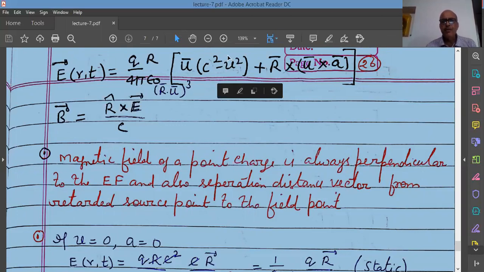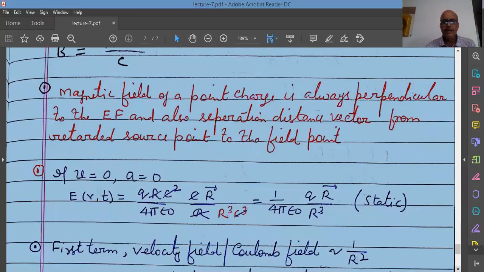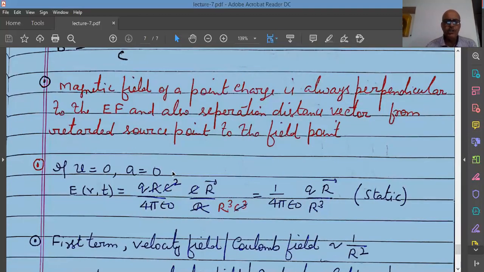Since v is equal to 0, only the first term, u into c square, will survive, and u is equal to c r cap minus v. So since v is equal to 0, only c r cap will be the factor left here. So I have written all those terms here. This is c r cap, and I have written it as c r vector upon r.